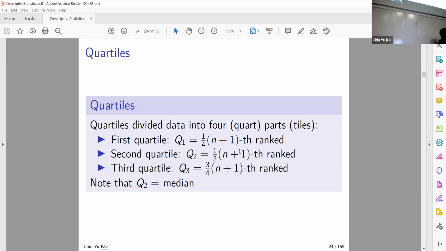That means I want 0.25 of this whole distance. So that's why it is x3 plus 0.25 times the whole distance, x4 minus x3. So that's how we get that equation there.